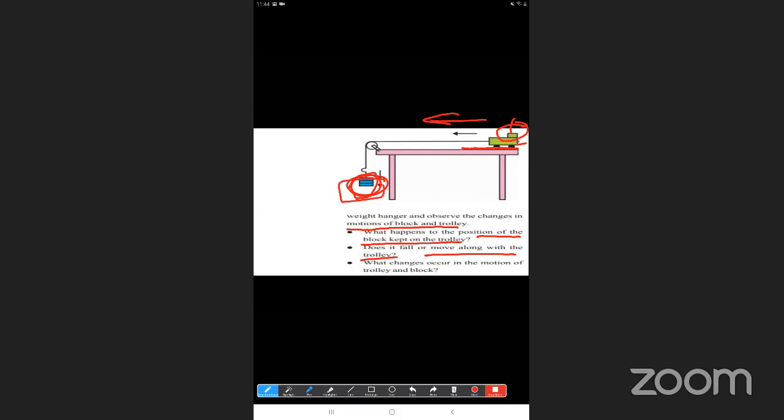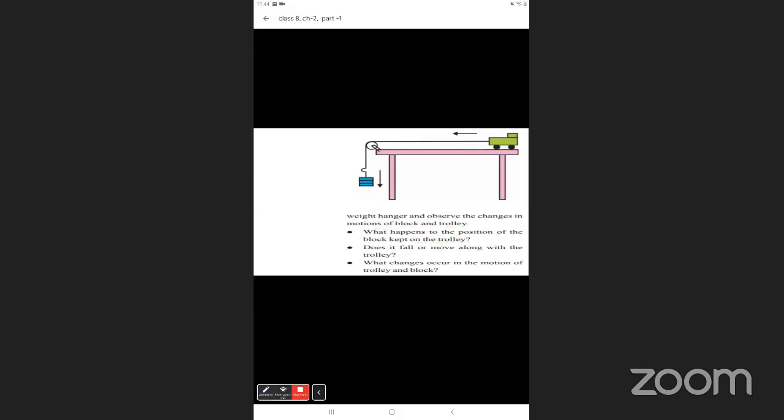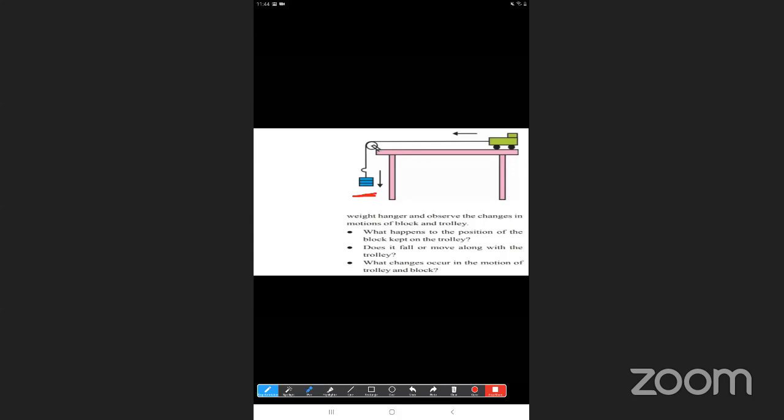Here we can say that the limiting weight changes due to the difference in the sliding friction of the object and surface. So here, what changes occur in the motion of the trolley and block?